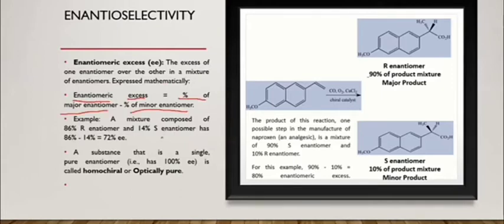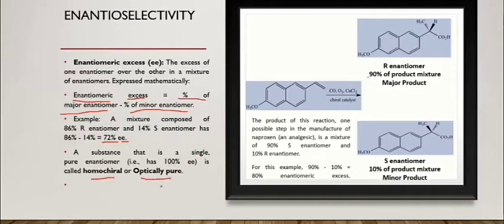For example, if a mixture is composed of 86% R and 14% S enantiomer, then it has an enantiomeric excess of 86 minus 14, which is 72%. It is expressed as EE.